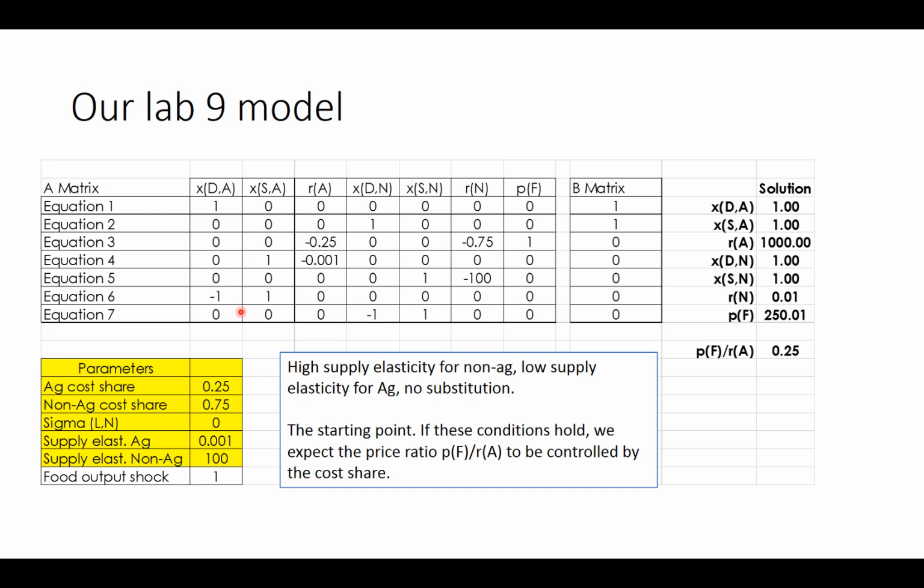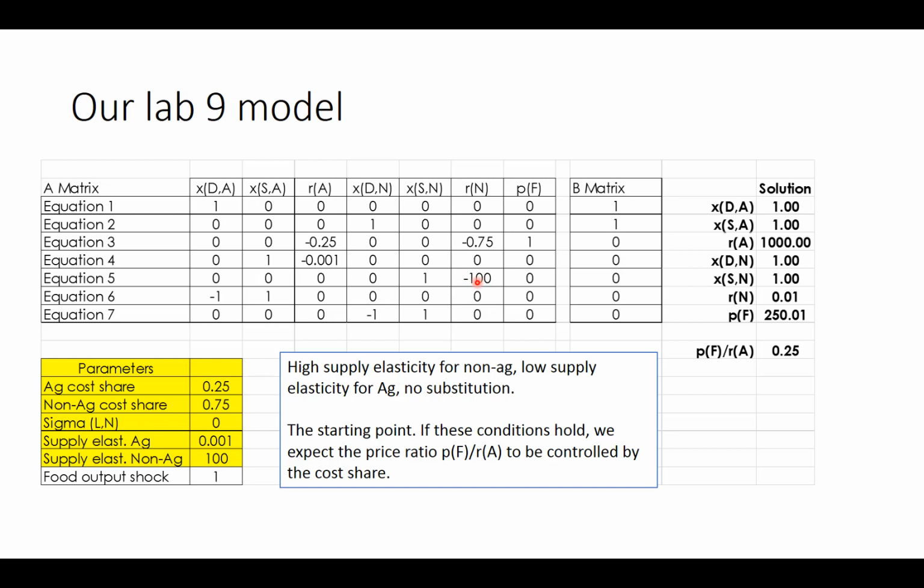But this is basically the same spreadsheet we had last week, except we are now going to have a supply elasticity for agriculture and a supply elasticity for non-agriculture. That's going to change equation 4, where the supply elasticity will now show up, and equation 5, where the supply elasticity for non-ag shows up.